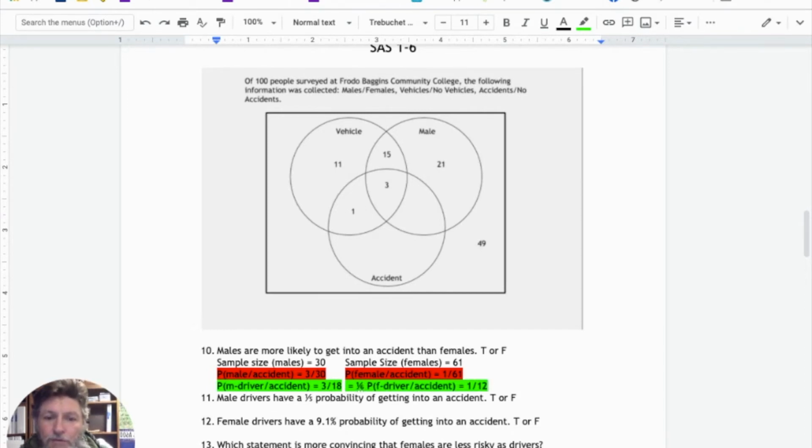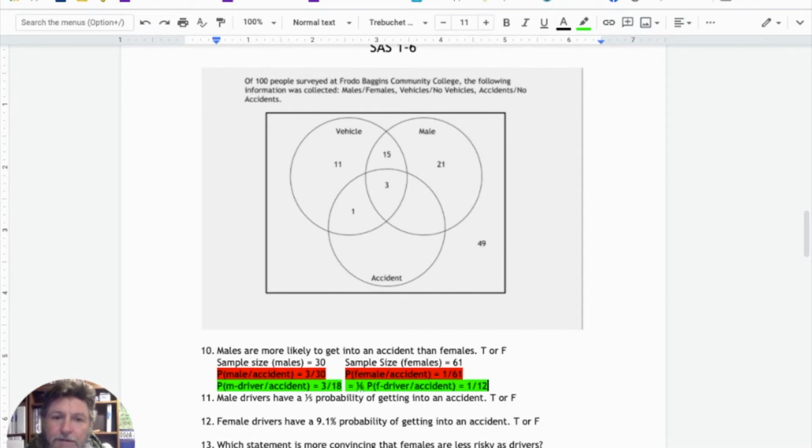And 1/12 is 1/12. So, which is bigger, 1/6 or 1/12? 1/12 is actually one half of 1/6. So, yes, males are actually more likely to get into accidents than females. So, 3 out of 18 and 1 out of 12.